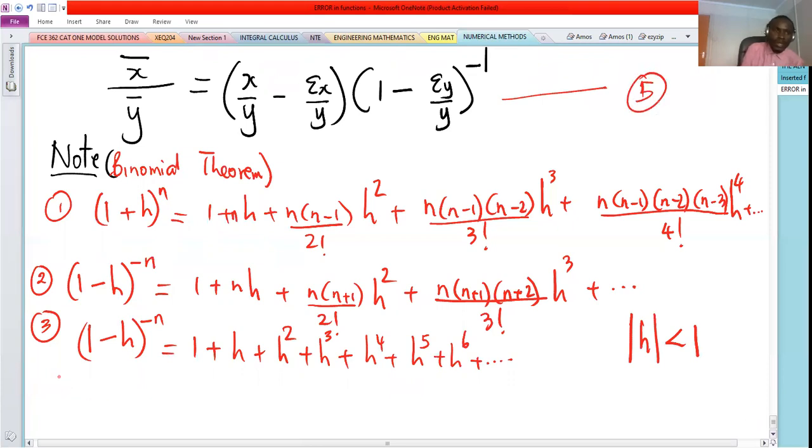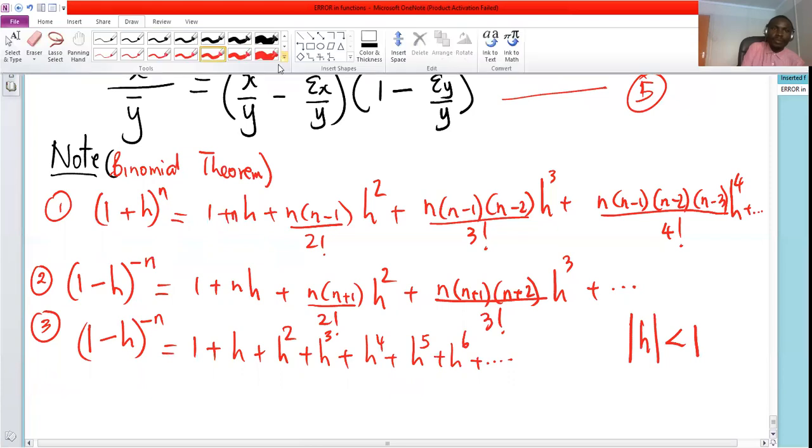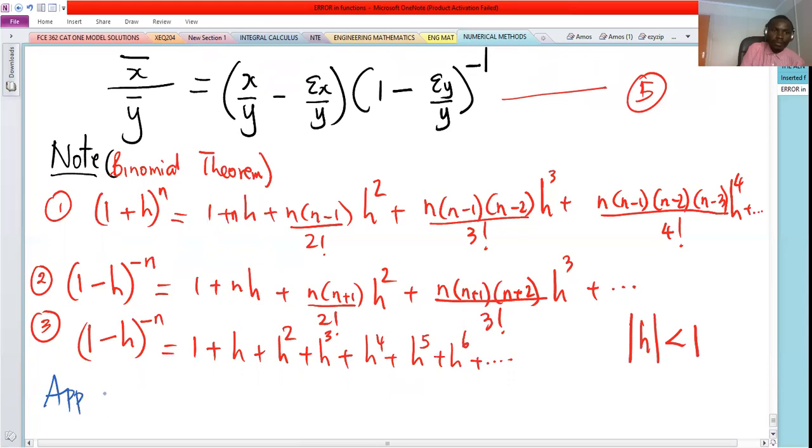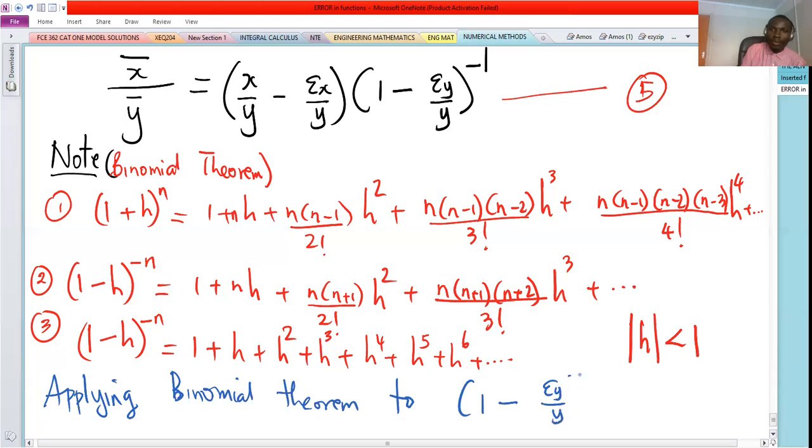So therefore we say equation 5 becomes, applying binomial theorem to 1 minus error in y over y raised to power minus 1 in 5.